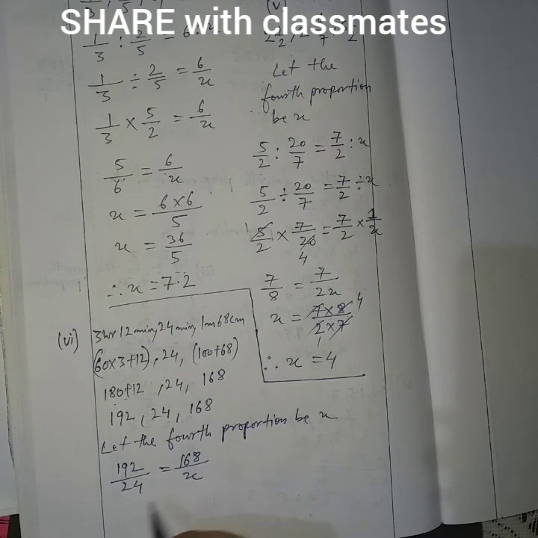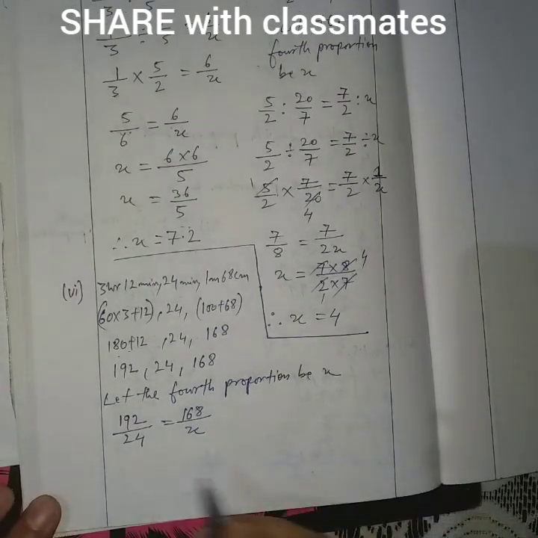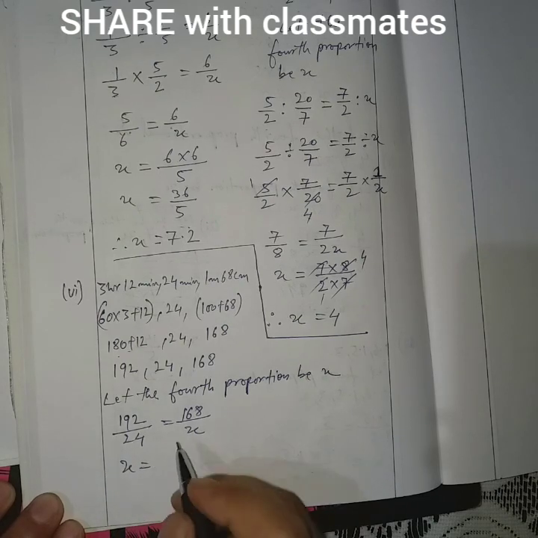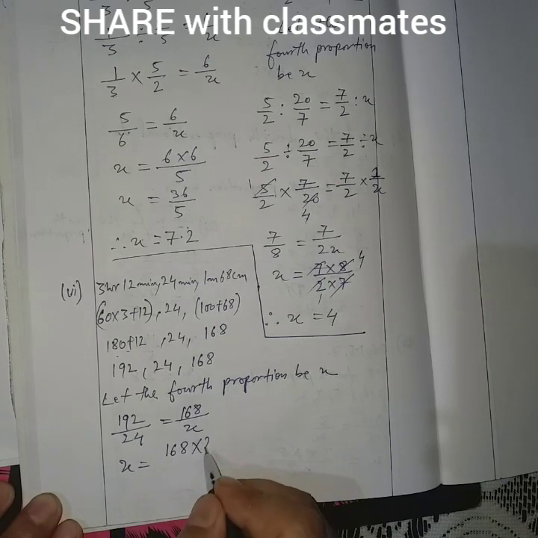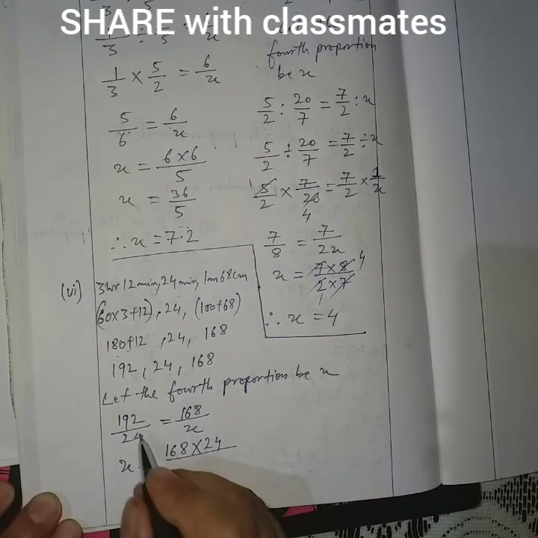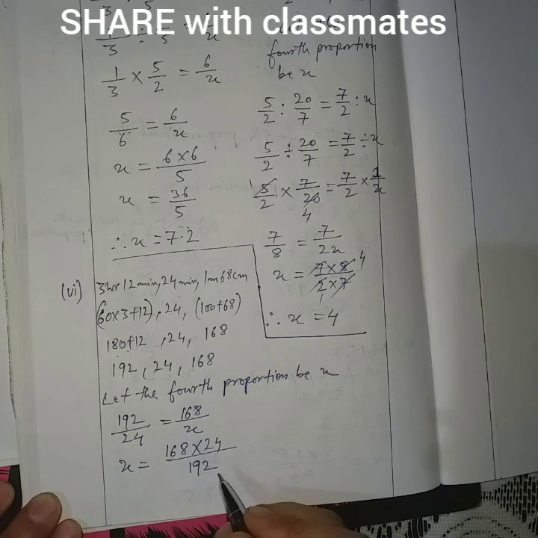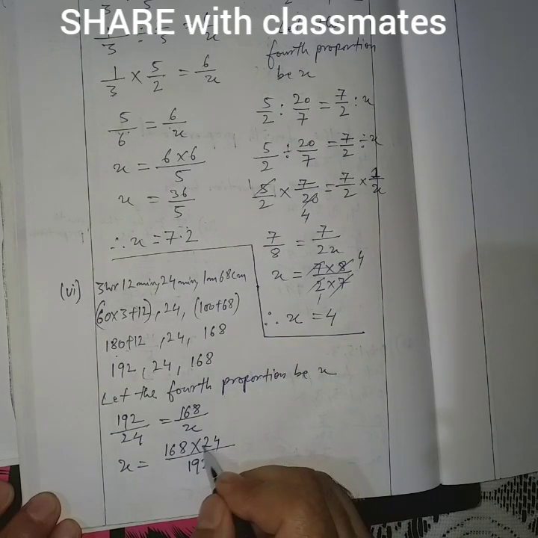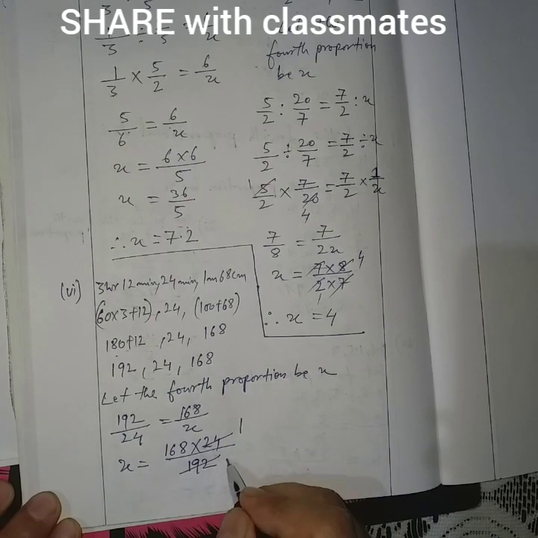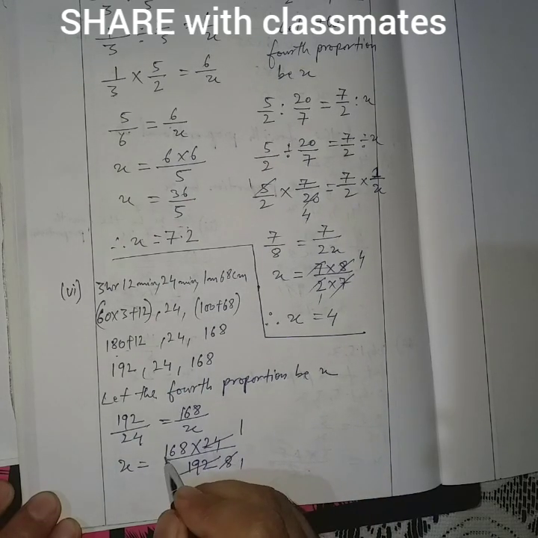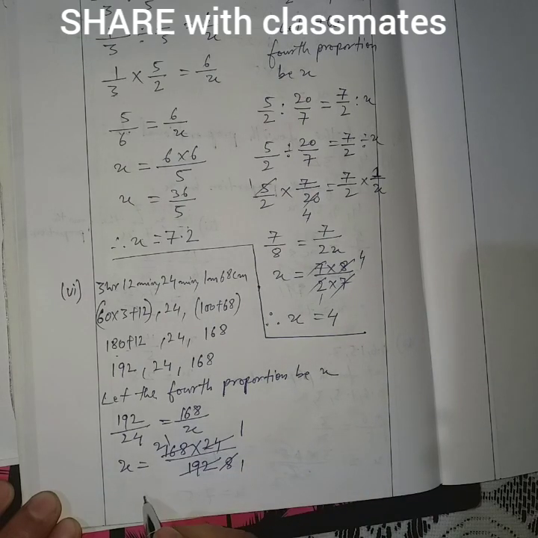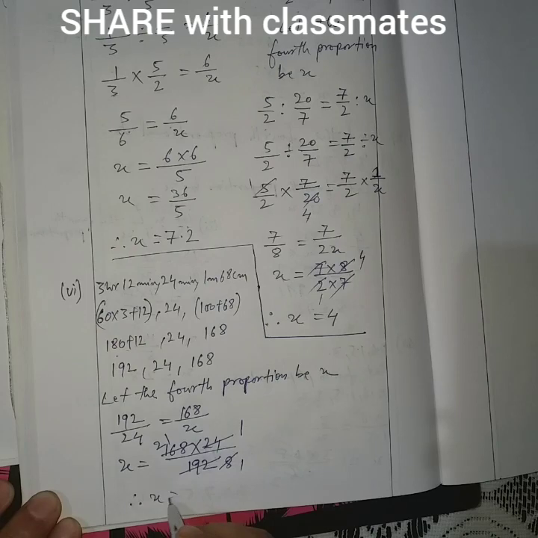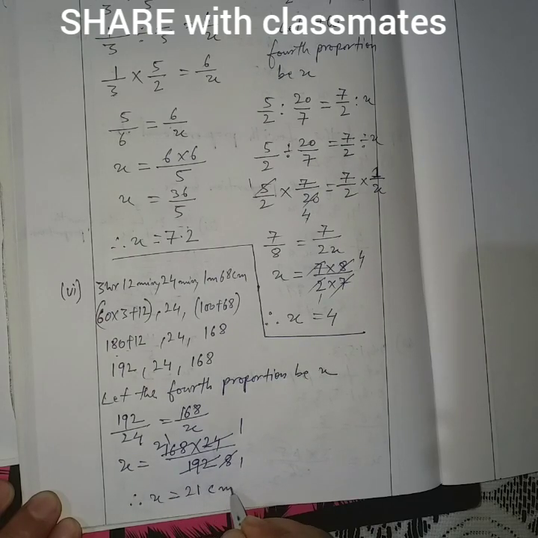Now x we have to find. x comes this side, and 168 into 24 goes that side, 192 comes in the denominator. Now we have to cancel it. 24 one time, 24 8 times, 8 ones are 8, and 8 21 times. So x is equal to 21 centimeters.